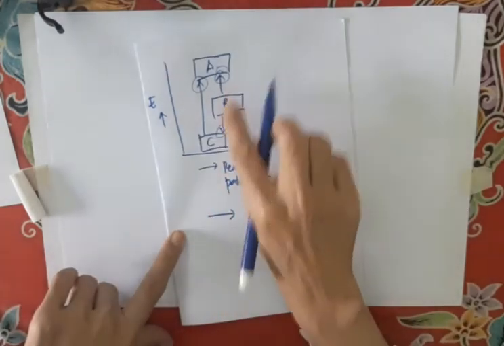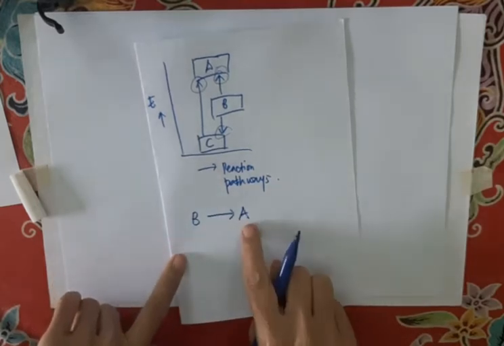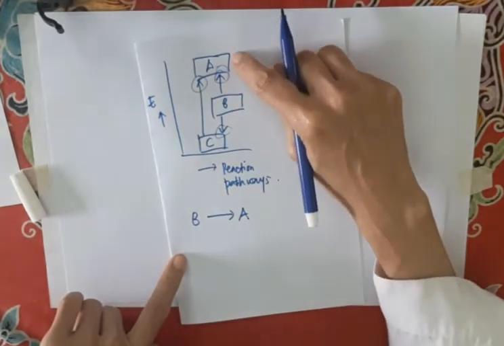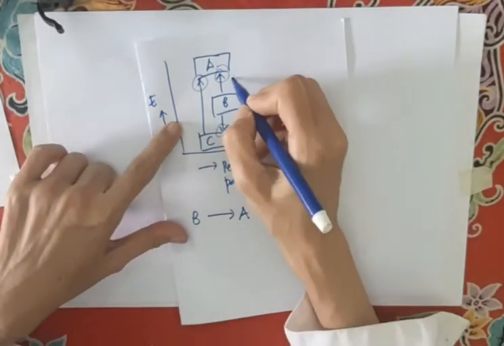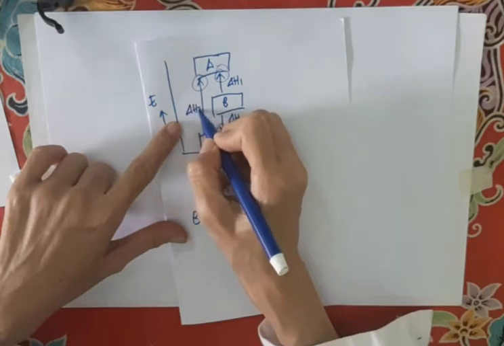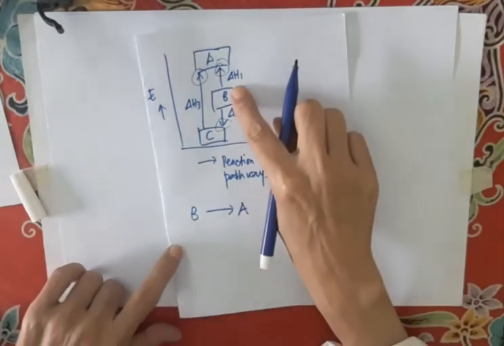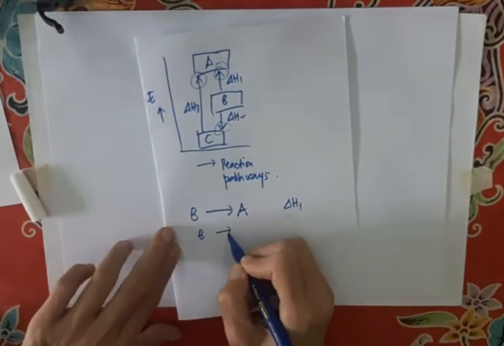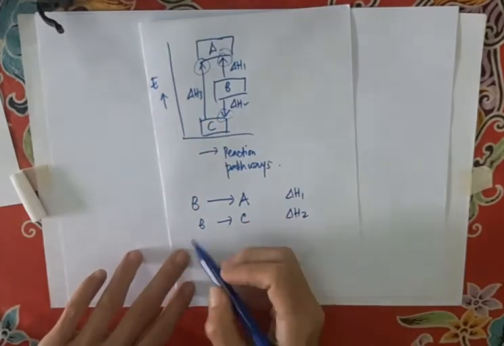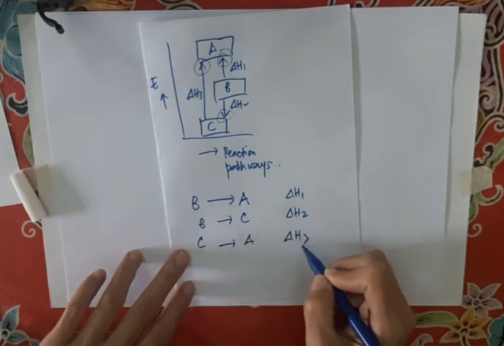A and B: started from B and ended as A. So we can say B turns into A. If we have delta H1, delta H2 and delta H3, then we have delta H1 here. And B turns to C, we have delta H2, and C turns to A, we have delta H3.